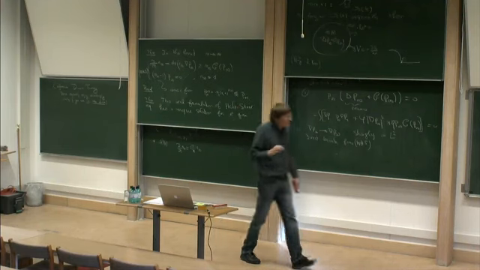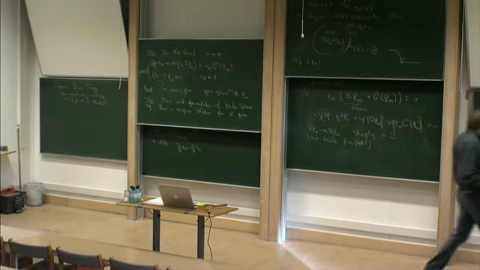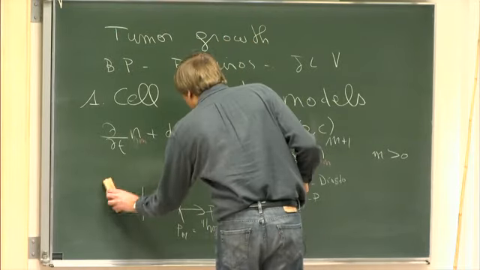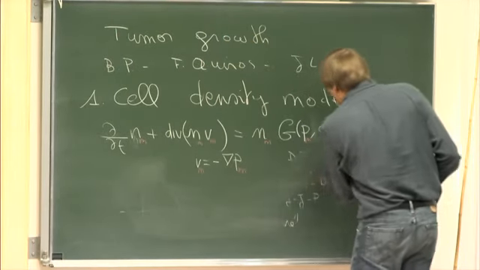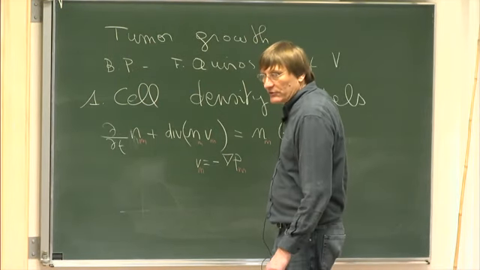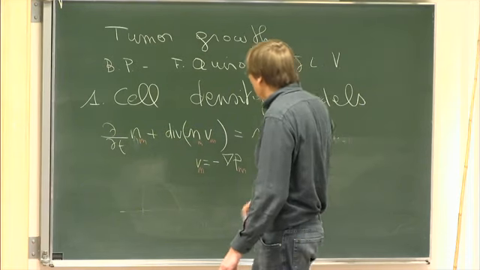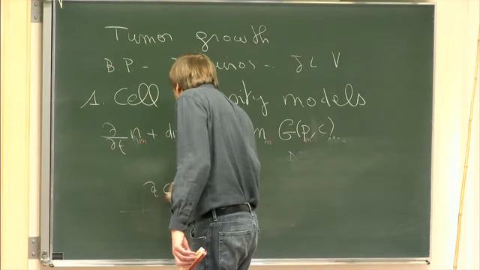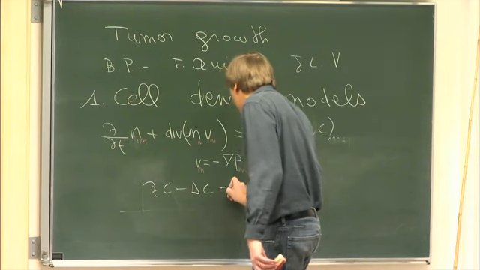But the real problem now, which comes from application, is the fact that usually you don't have a single equation. You have systems. And typically, if you put a nutrient, what you want to put is an equation like that.